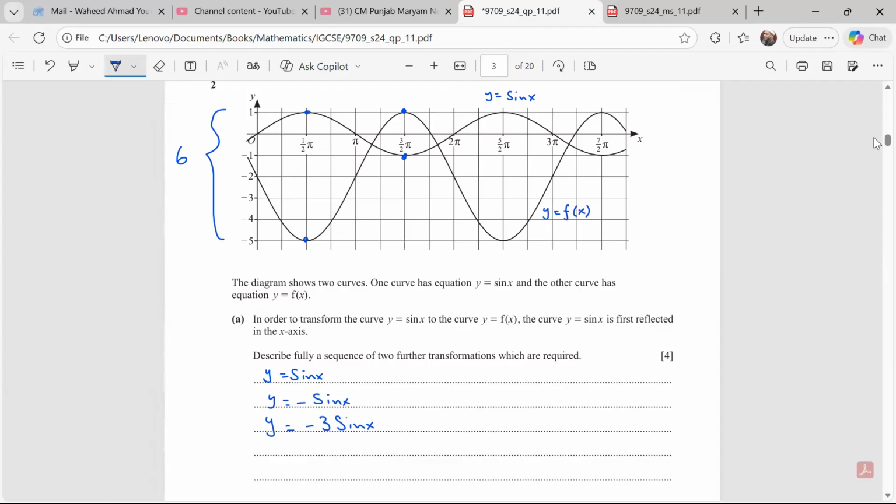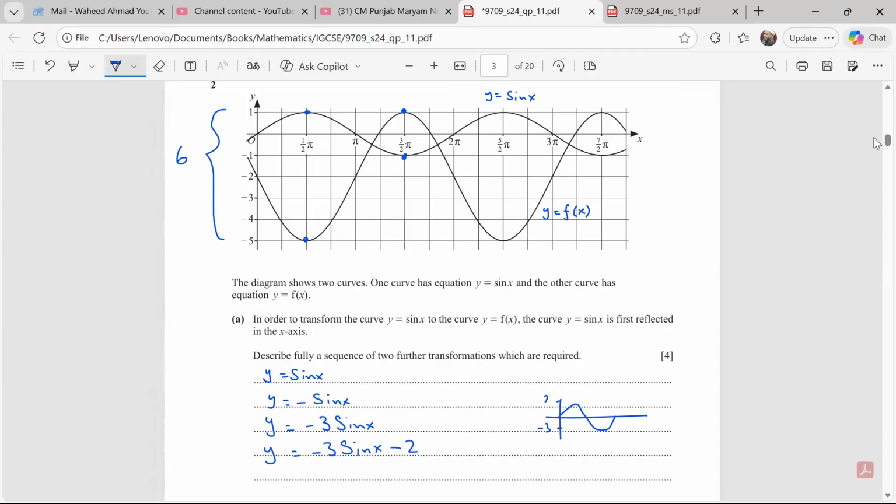And now the last step is that this function -3 sin x would be between +3 and -3. But this function has been shifted down from 3 to 1. It means the next step is y equals -3 sine x minus 2.